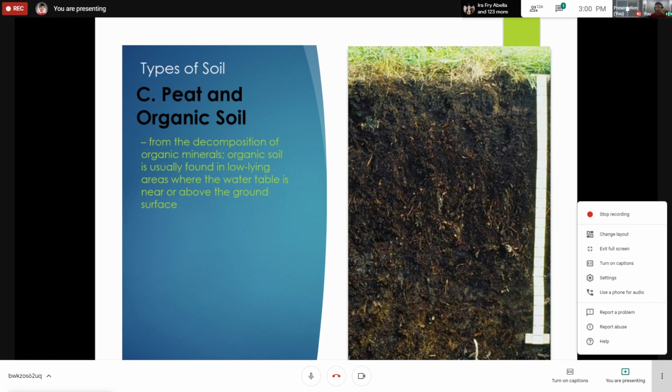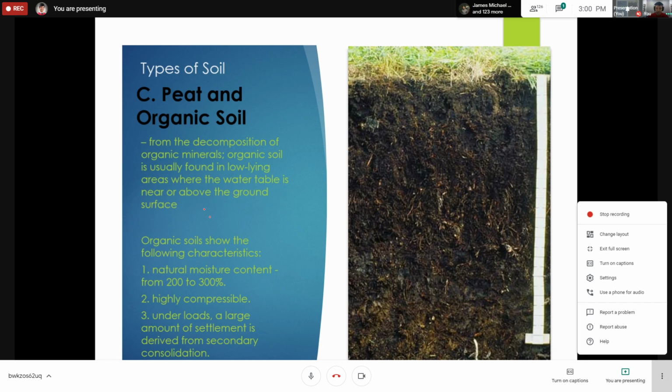So usually if your water table is, let's say, near the ground level, like just 5 meters, we expect that our soil is in moist or saturated condition. Usually in organic soil, the water content is from 200 to 300%.